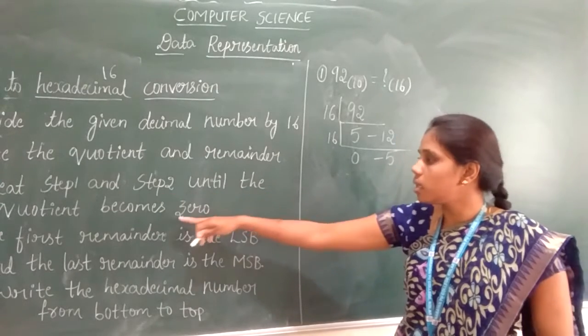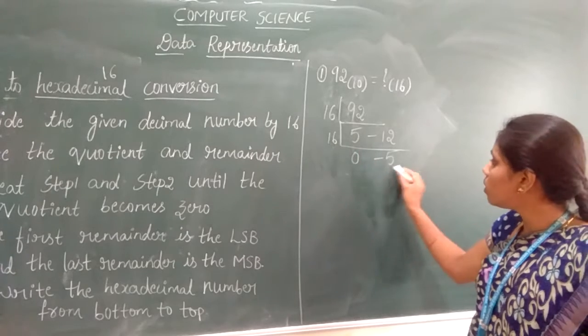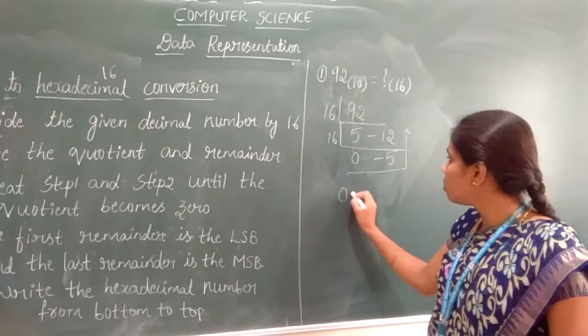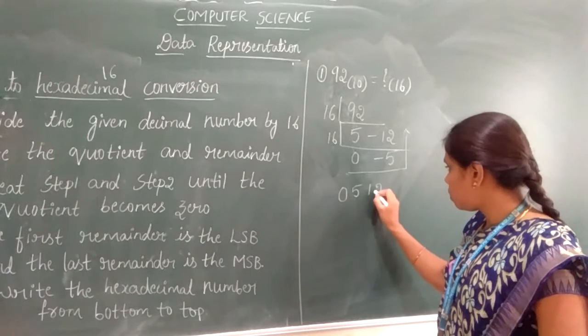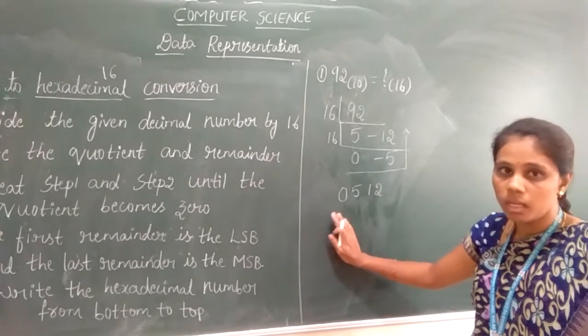Repeat step 1 until the quotient becomes 0, or you can stop here itself and write down the values from bottom to top, that is 0, 5, 12. 0 can be written or you can neglect it, it does not have any meaning.